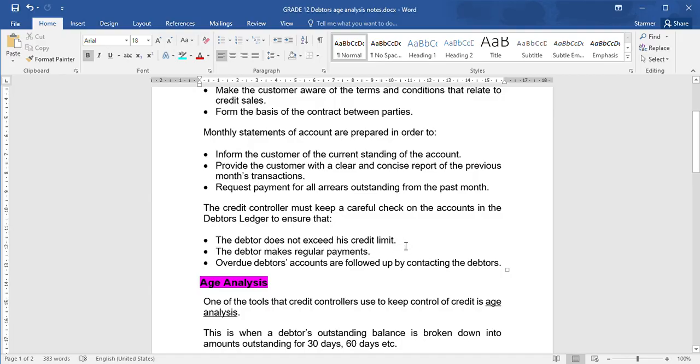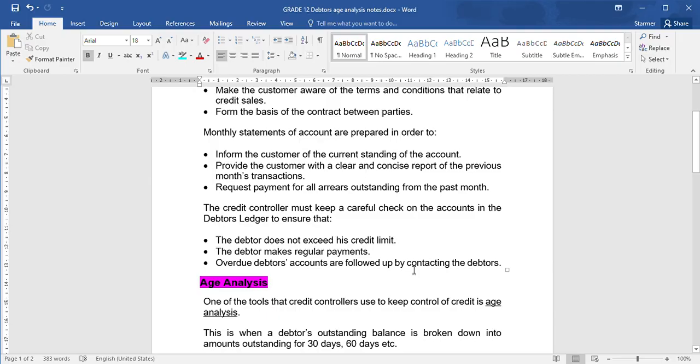So you need to check that no debtor is exceeding that. You need to check if the debtor is making regular payments. If not, then you need to follow up. And for overdue debtors' accounts, you need to contact your debtors and inform them of the outstanding amount and request payment immediately. You can tell them that you're going to charge interest and so on.